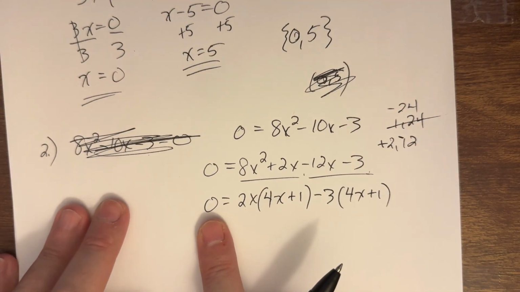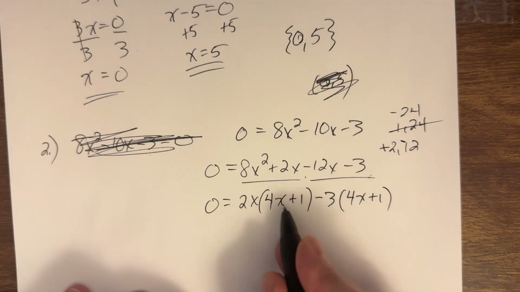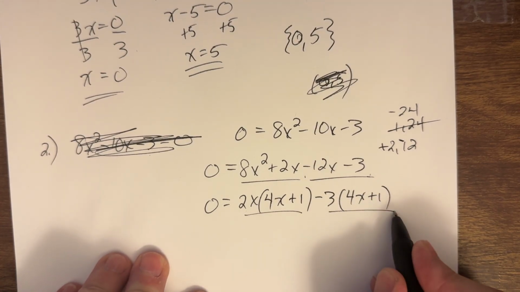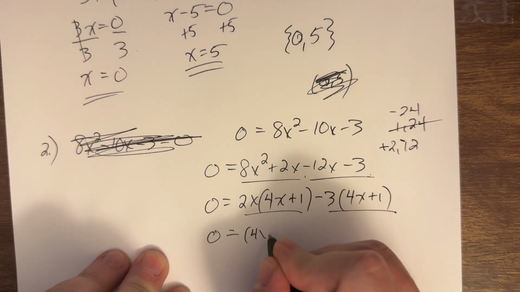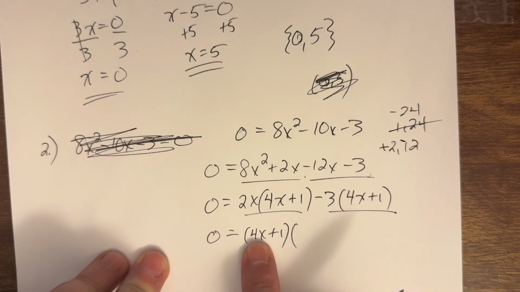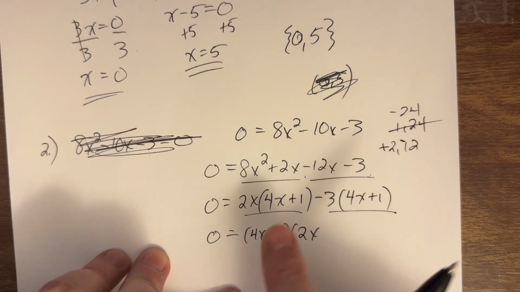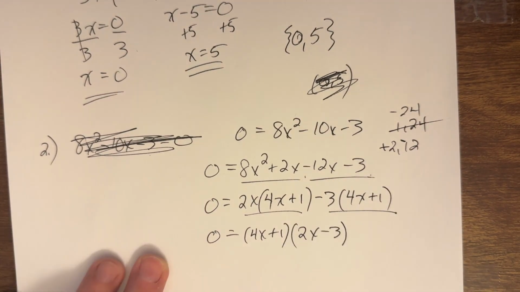So I still have my 0 on the left side, but big picture, I see this matches. So now, 1 term, 2 terms, they've got a matching factor. That matching factor comes to the front. That came out, the 2x left behind. Over here, the 4x plus 1 came out, the minus 3 left behind.